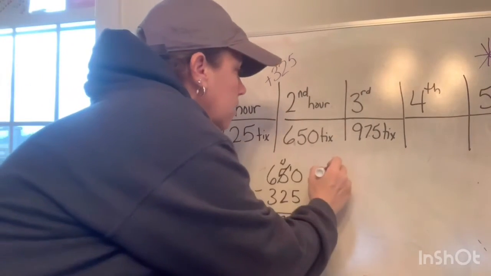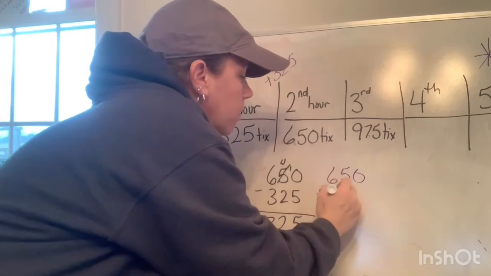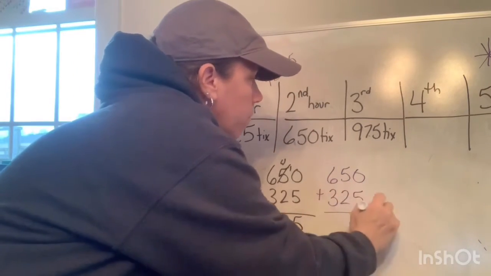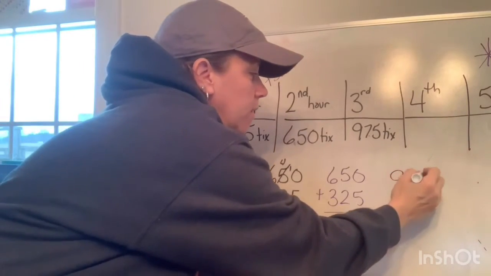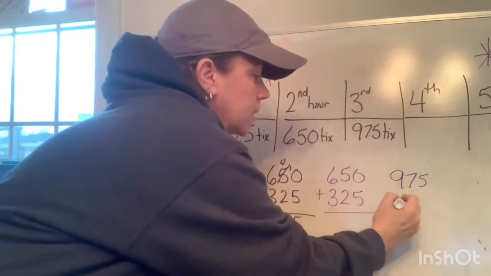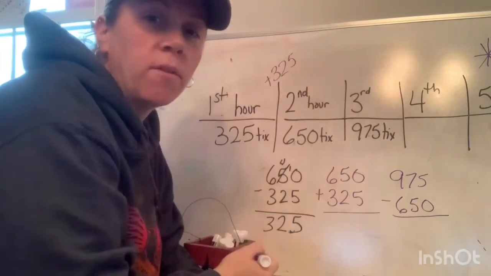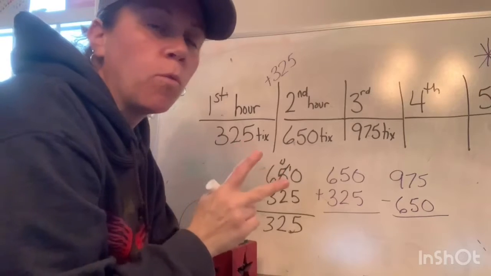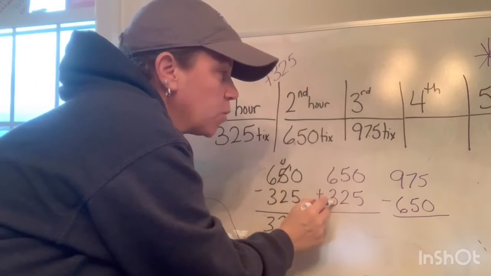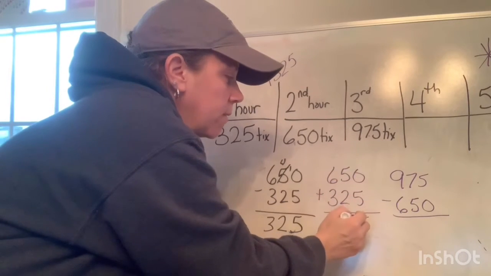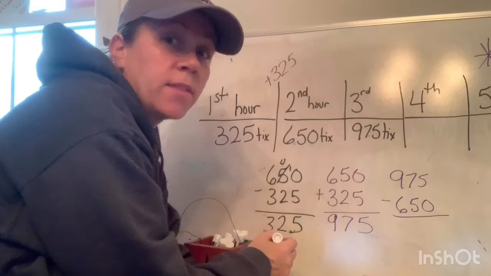So let's look, 650, and I'm gonna add 325. You could also have started with 975 and subtracted 650 to see if you get the 325 pattern. Either way would have worked. So let's start with the 650 tickets first, add 325 and see if we get 975. And we do. So that's a good pattern.